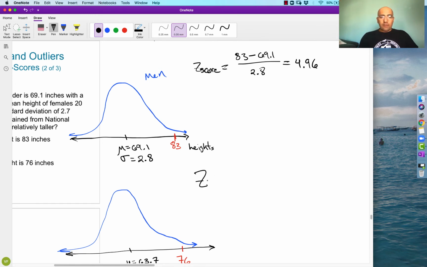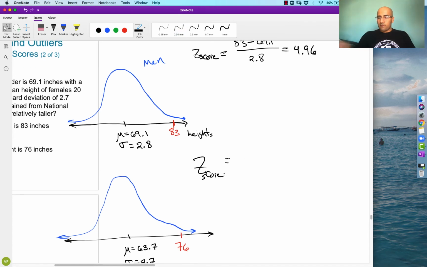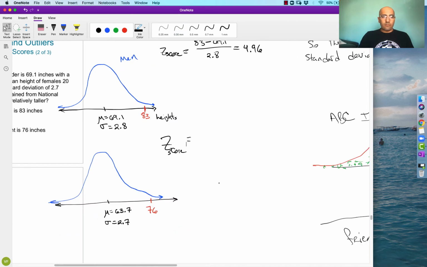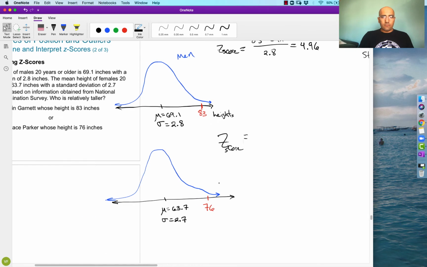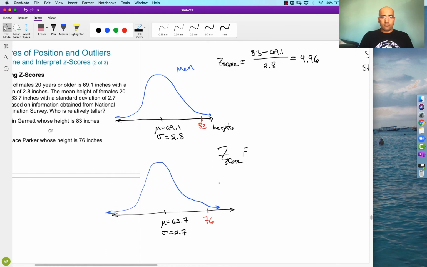Okay, so what about the z-score associated with a 76? This z-score is going to be equal to 76 minus 63.7 divided by 2.7.